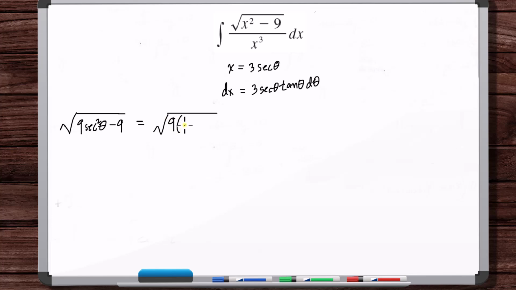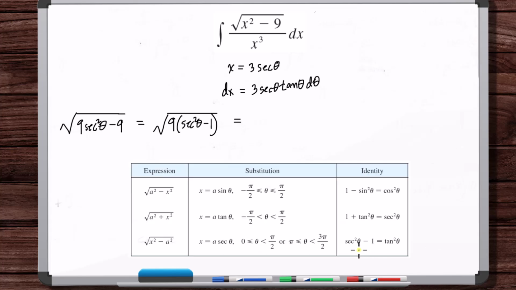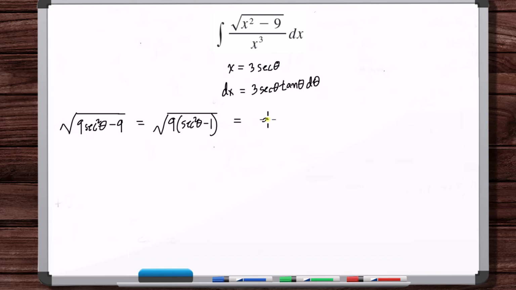We've got 9 times secant squared theta minus 1. And so we can see that secant squared theta minus 1 is equal to tangent squared theta. And so this is going to be 3 tangent theta.